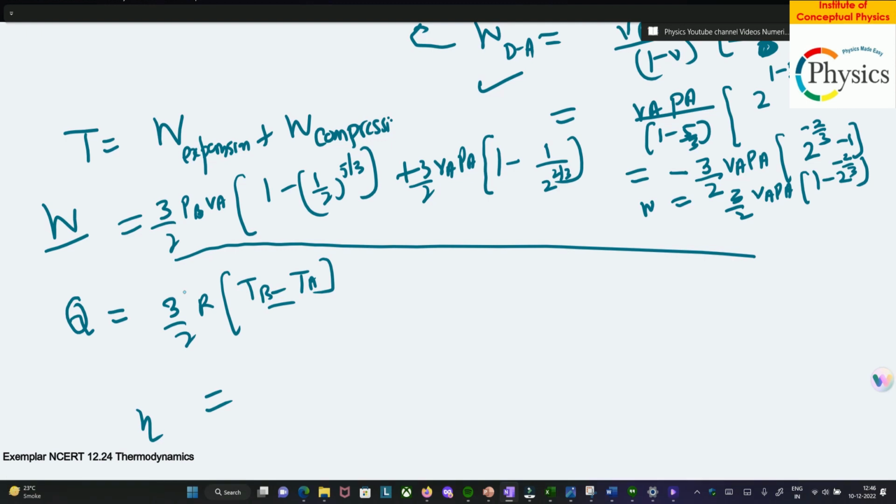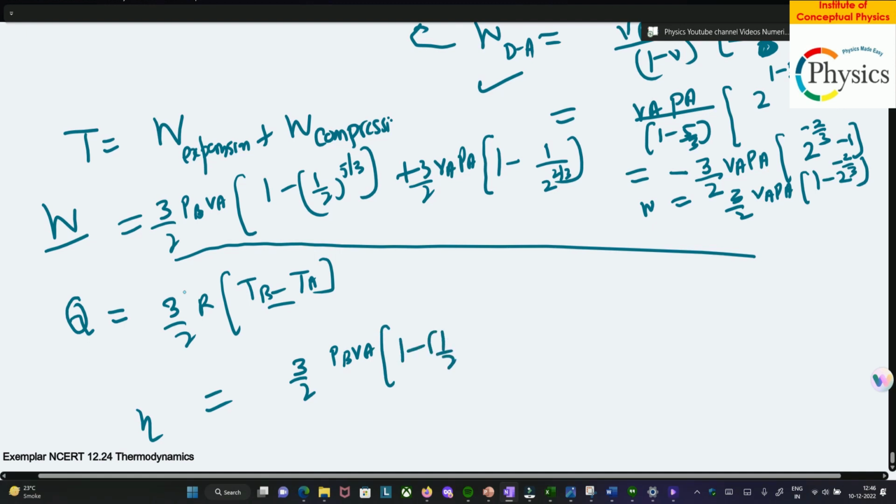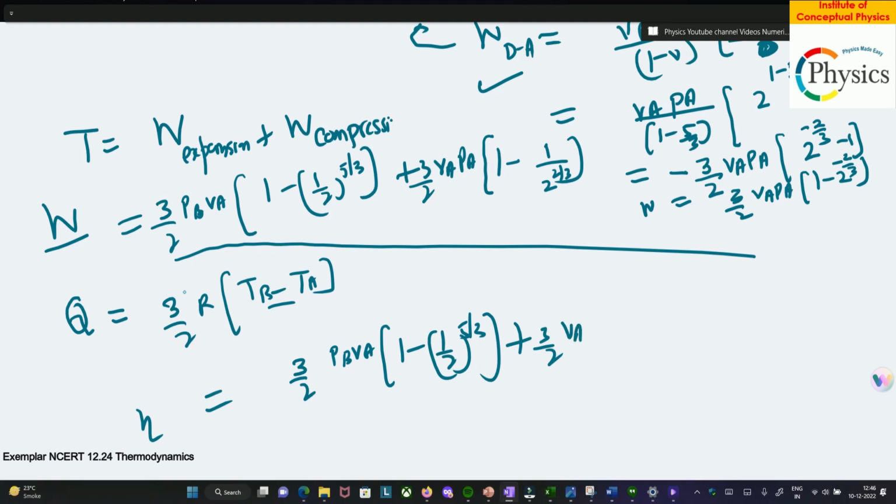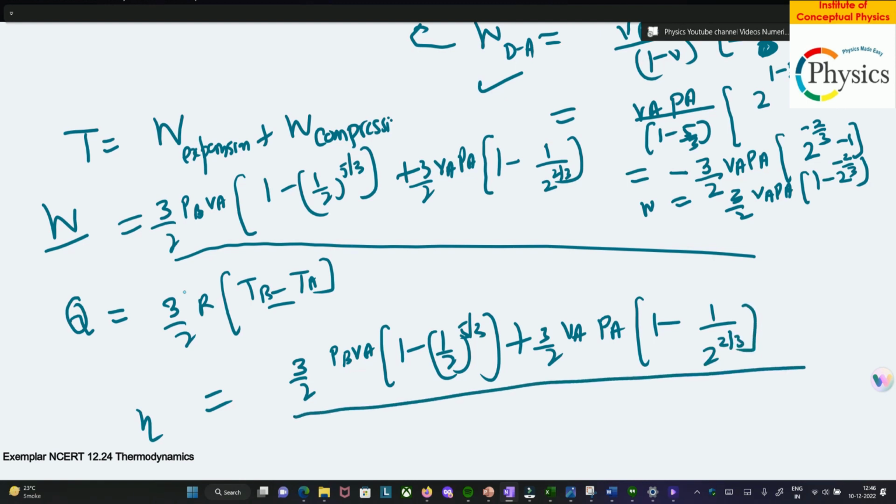So the expression is 3 by 2 PBVA 1 minus 1 by 2 raised to power 5 by 3 plus 3 by 2 VA PA 1 minus 1 by 2 raised to power 2 by 3 divided by 3 by 2 R TB minus TA. This is the efficiency of this engine.